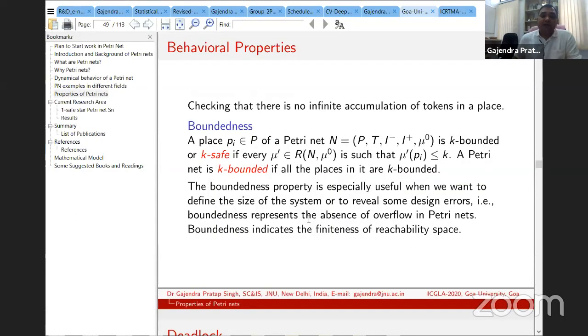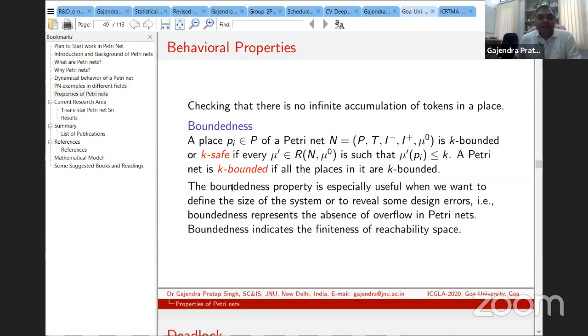This is the behavioral property that I will use in defining the crisp and Boolean Petri net: boundedness. A place pi of a Petri net is k-bounded if for every mu dash belonging to R(N, mu naught), the reachability set of all reachable markings from the initial marking, mu dash(pi) is less than or equal to k.